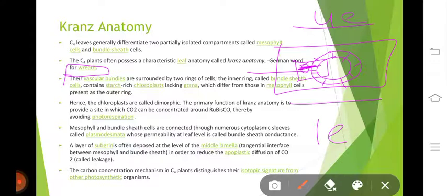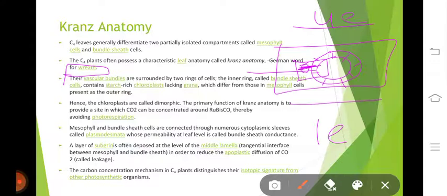Now why is this type of anatomy present in the plants? The primary function of Kranz anatomy is to provide the site for CO2 fixation. As you saw in the C3 cycle, carbon dioxide fixation is done by a specialized enzyme called Rubisco. But in plants growing in a carbon dioxide lacking area, Rubisco does not work properly.